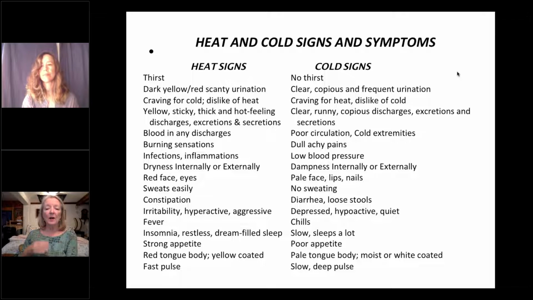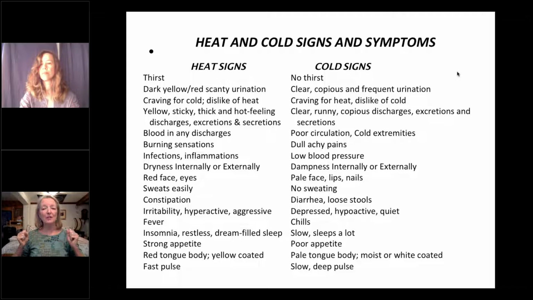In fact, when you start getting dryness from that, for instance, you can have a cough where you can't expectorate any sputum because of the heat drying the fluids. The person tends to have a red face, and now I'm talking about a whole red face and possibly red neck at the same time. There's a reason for that phrase, too much heat.